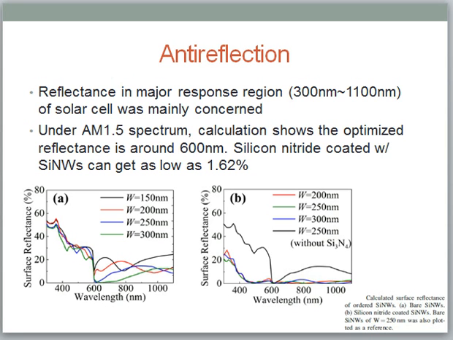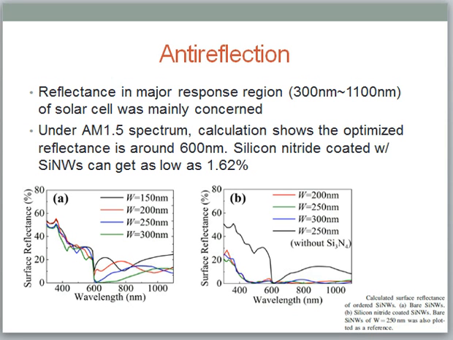As you can see from graph B, the silicon nitride coated silicon nanowire array reduces the reflectance by a lot, as you can see from the red, green, and blue lines. And the black line is just bare silicon nanowire array for you to compare as a reference.